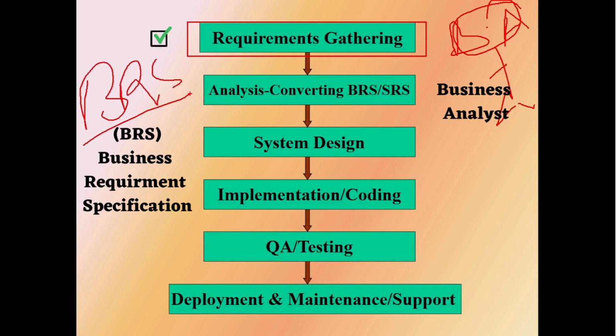Like that, different names exist. It is a pure high-level document because it contains complete business information related to banking or insurance or finance or e-commerce or hospital management or hospitality. Whatever the client's business is, this document contains the related requirements.